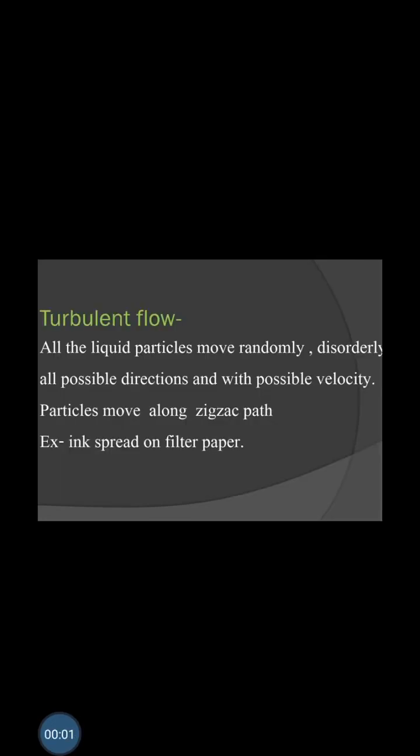Its path is not the same for all the particles. In turbulent flow, all the liquid particles move randomly and disorderly in all possible directions and with all possible velocities. Particles move along a zigzag path.